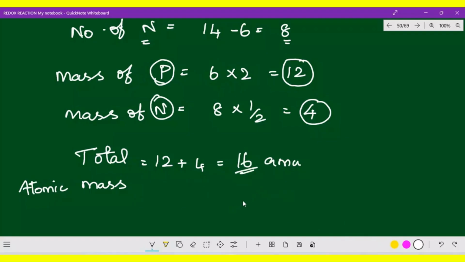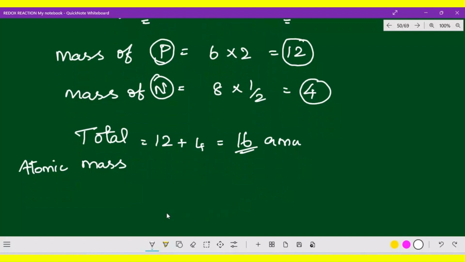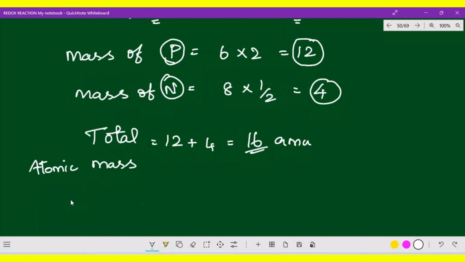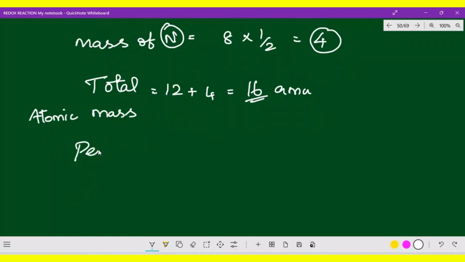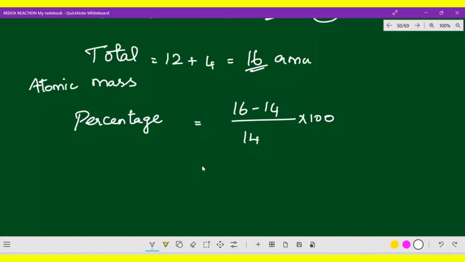AMU. Right, now they are asking in the percentage way. So how to deal with the percentage? Here they mentioned percentage change, right? Percentage change means 16 minus 14 divided by 14, into 100, since percentage means into 100.